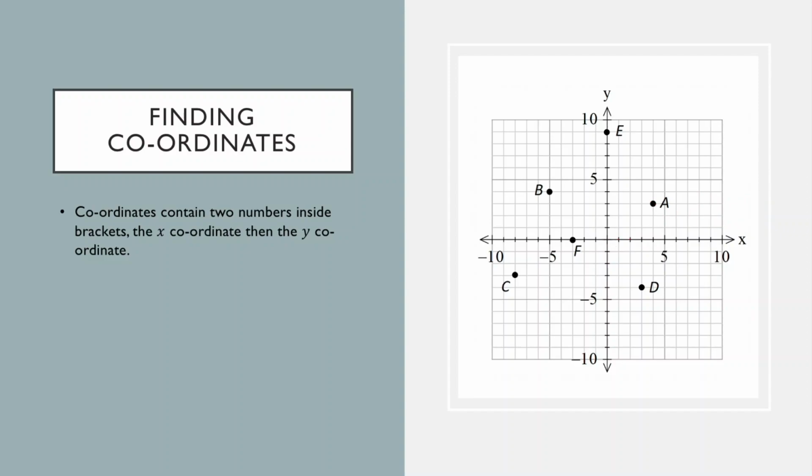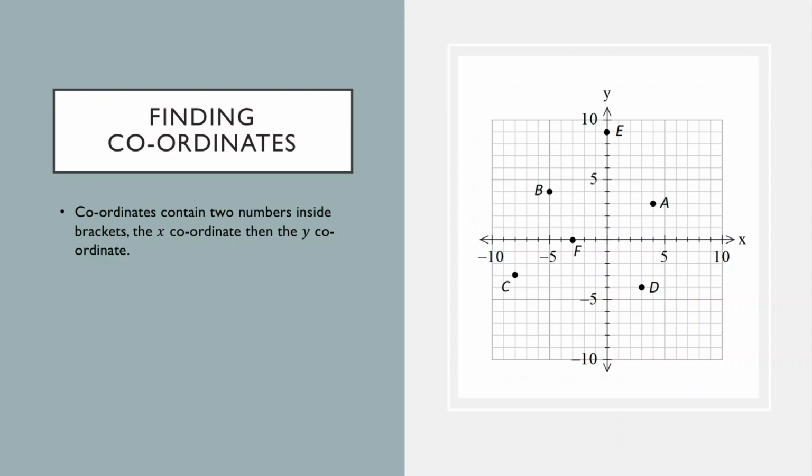Coordinate B, we're going to the left, so it's negative. So from 0, we go 1, 2, 3, 4, 5 spaces across. 1, 2, 3, 4 up. So it's going to be negative 5 and 4. The 4 is positive since we're going up. If we're going down, like C, it's going to be negative. And brackets.